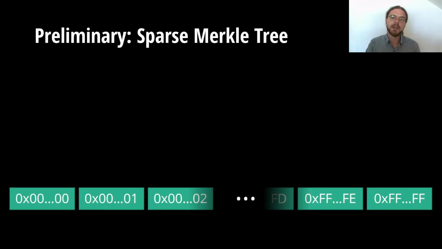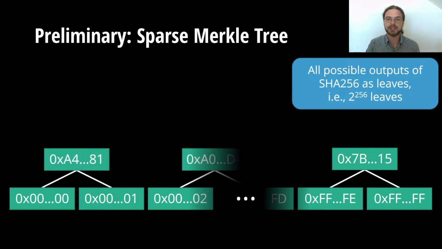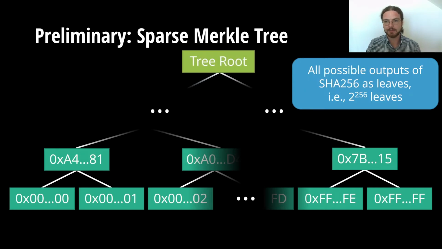So to go into a bit more detail about the distributed repair algorithms, let's quickly talk about the Sparse Merkle tree. So with the Sparse Merkle tree, the idea is to have all possible outputs of the used hash functions as leaves. As you can see here, from 000 to FFF. Now we can build a giant Merkle tree up to its tree root hash.